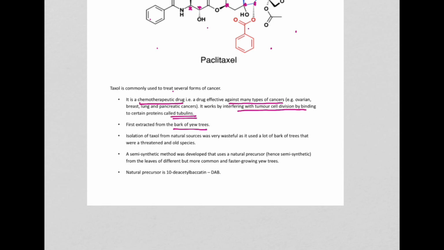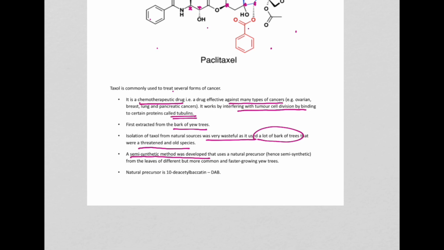Now, when we used to make taxol from those trees, it was a very wasteful process because a lot of it was used and the process was not efficient. And the problem is that those trees were threatened. So then from this, a semi-synthetic method was developed.